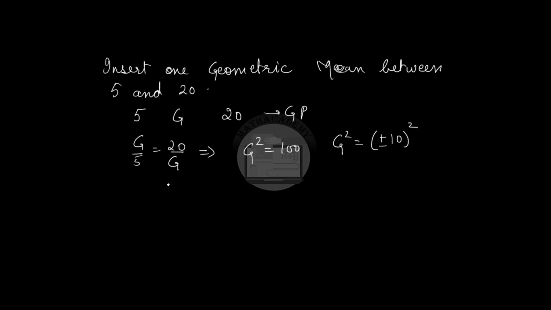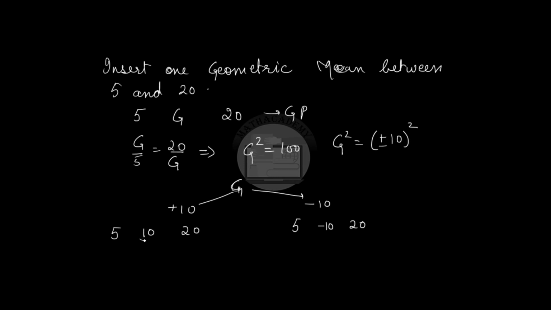So we have two values of g. One value of g is positive 10 and the other value of g is negative 10. So we can have 5, positive 10 and 20 as our series, or we can have 5, negative 10 and 20 as our series, a geometric series.